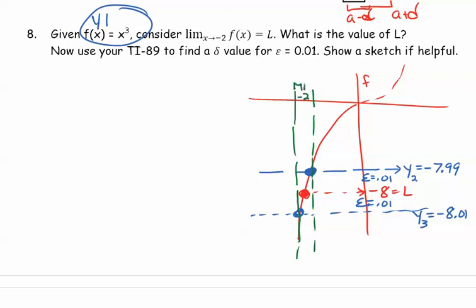So this value and this value would be our tiny values of delta. So they might turn out to be different. Delta 1 and delta 2 might be two different distances, and then we're going to choose the delta that is the smaller of those two units. So I'm going to enter that in my calculator, and then I'll come back and show you the answer.